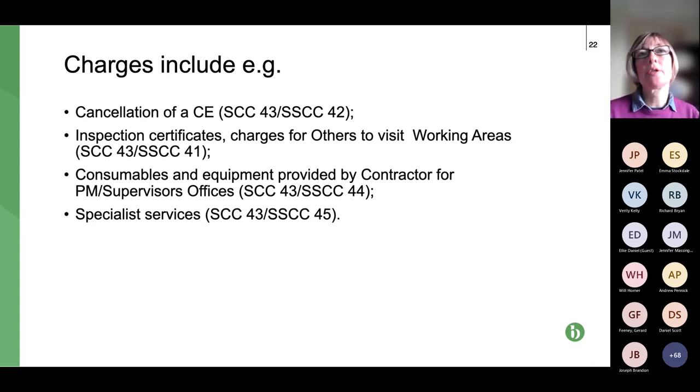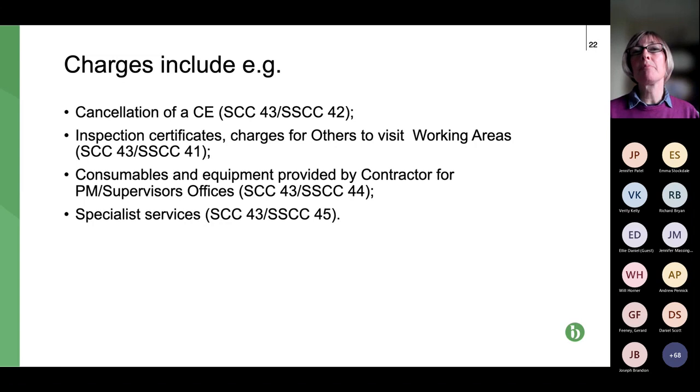So what else do the charges include for if a compensation event is cancelled? This is where the payment is covered off. It includes things like inspection certificates, charges for others to visit site, others don't include the contractors, other people.